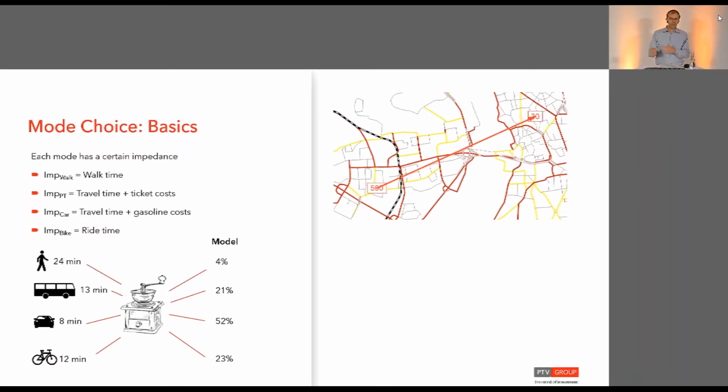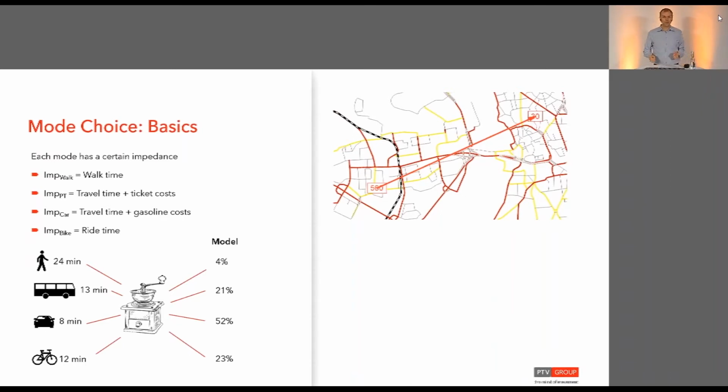For this relation, every mode gets a certain impedance. For example, for the mode walk, we would take the walk time. For the modes public transport and car, we would possibly take the travel time plus some costs, ticket costs or gasoline costs and so on.